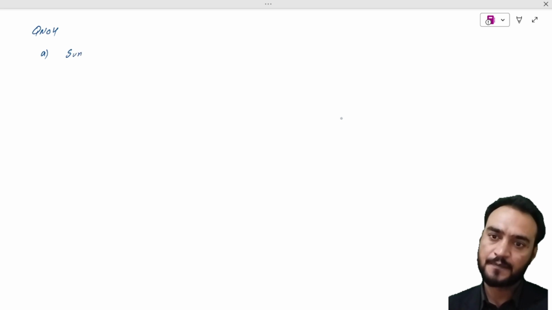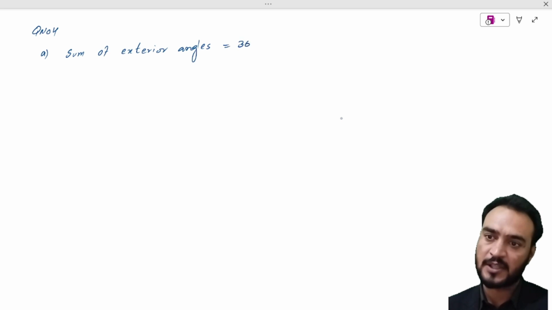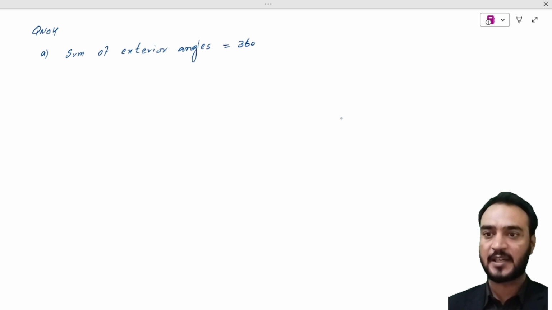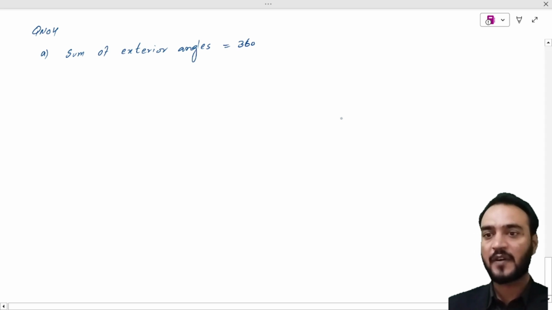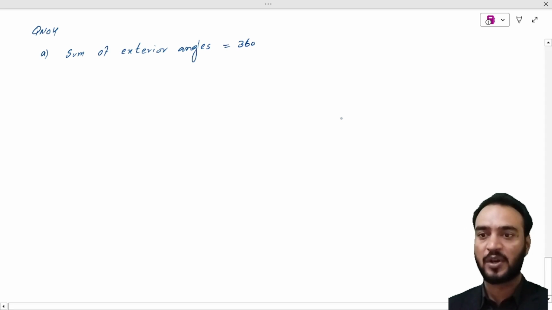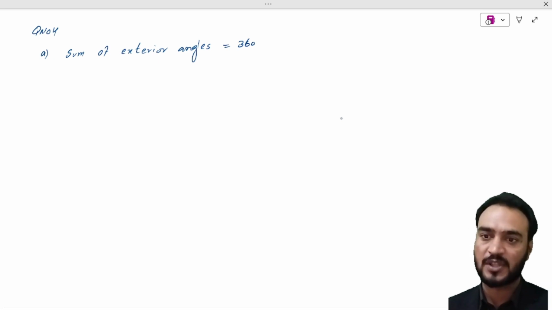Sum of exterior angles is equal to 360 degrees. As I discussed earlier in my lecture number 7, the sum of the exterior angles of any polygon is equal to 360 degrees. So this polygon has 24 sides.